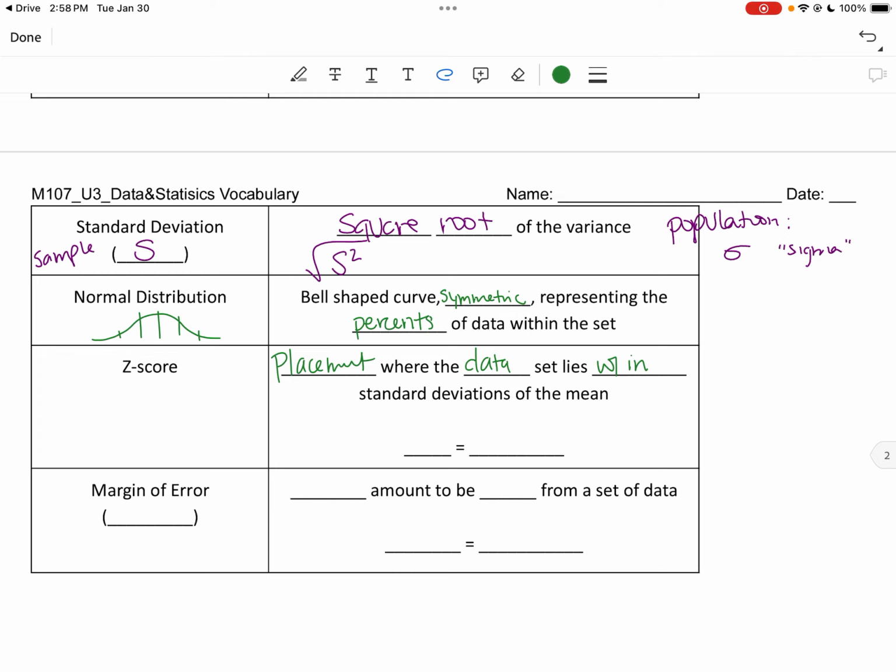So when we talk about z-scores, it's going to be z equals, you take your data point and subtract your mean, x minus mu all over sigma, which is your standard deviation. Or if we're thinking of samples, it'd be x minus x bar all over S. And that'll give you your z-score. It tells you literally what portion of the standard deviation you are away.